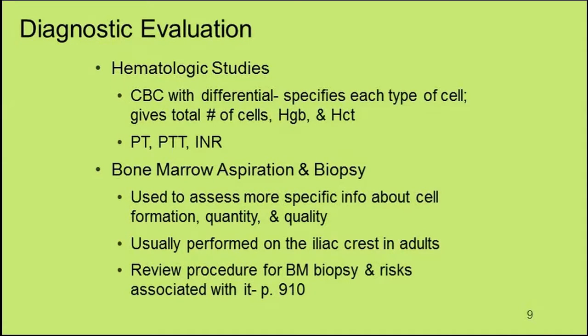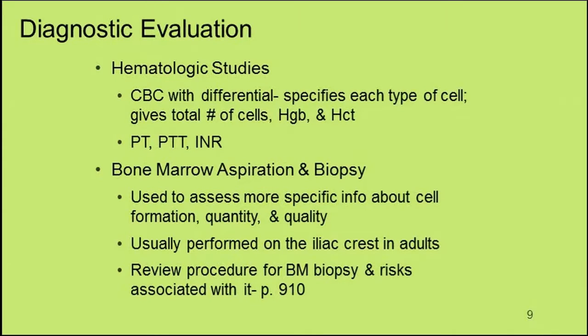It can lead to bone marrow suppression. So I want you to think about what types of medications a patient might be on that would lead to bone marrow suppression. That simply means they can't produce enough red cells, white cells, platelets, whatever, to meet the need that their body has.